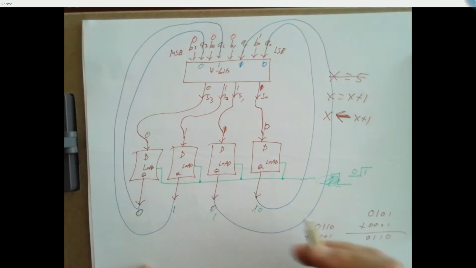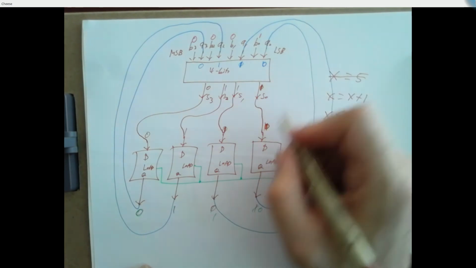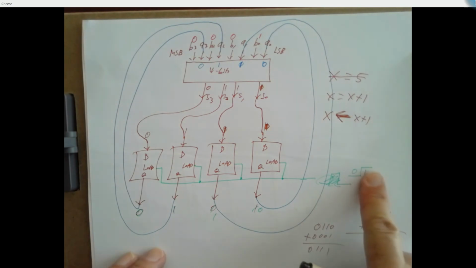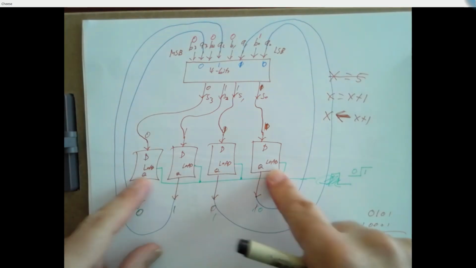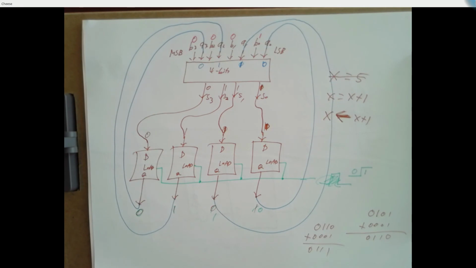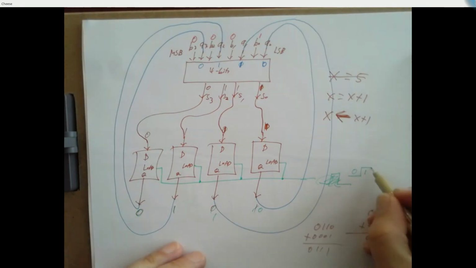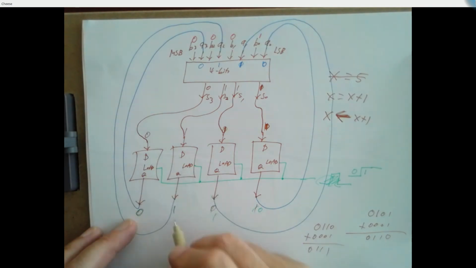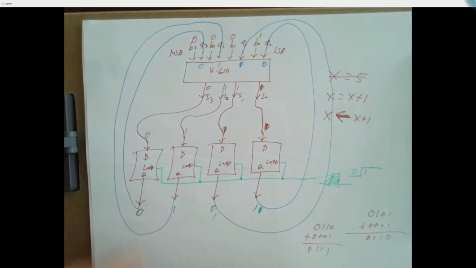If we haven't turned off high, right, this 0, 1, 1, 1, which is on these D inputs, if our load line is still high, these are going to get loaded into these latches. And the outputs are going to change to match the D inputs 0, 1, 1, 1.